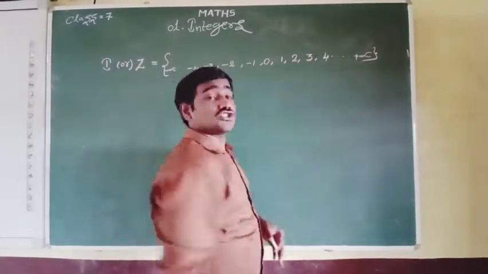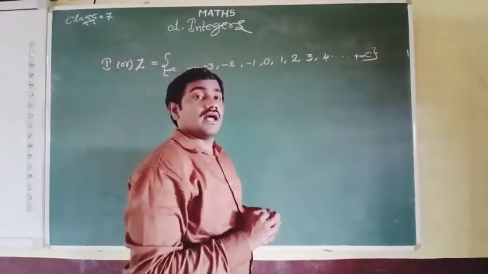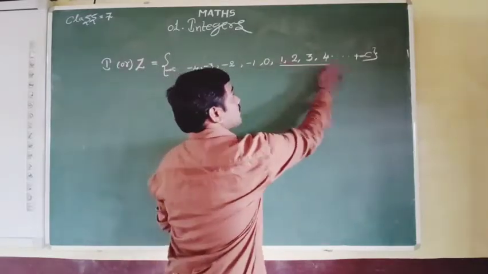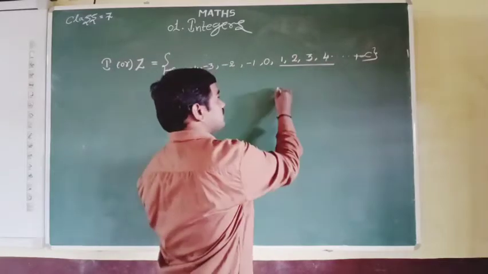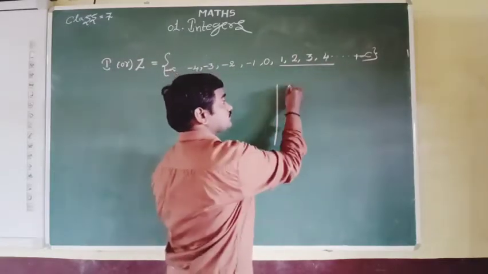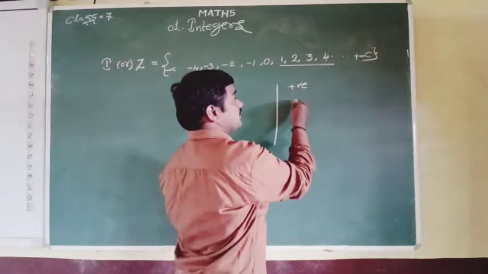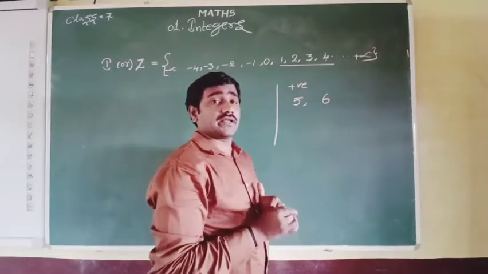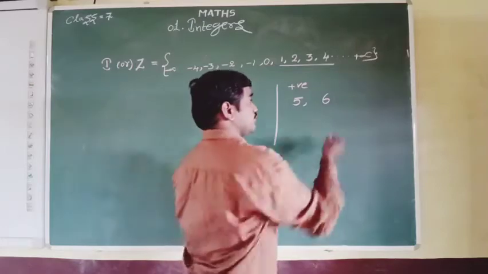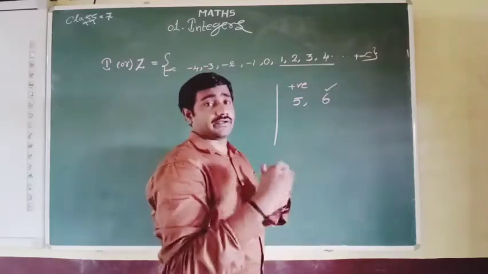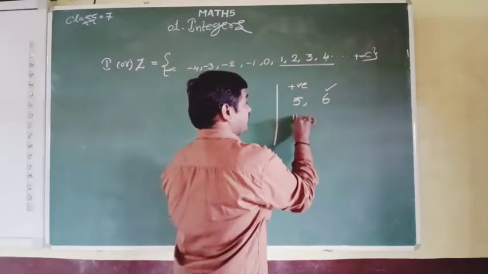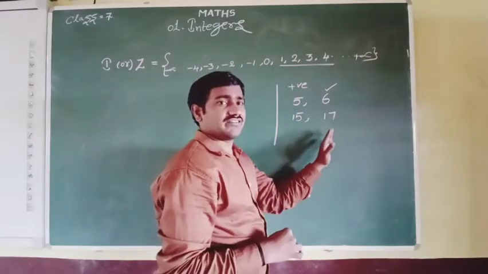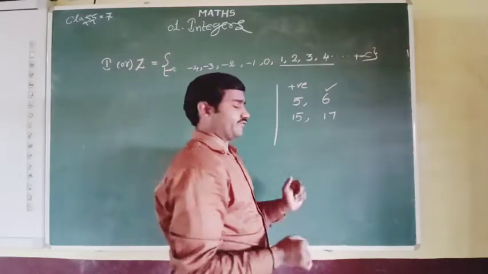Let us compare the positive numbers once. Later we'll come to the negative numbers. Let us take some positive numbers. Here 5, here 6. Which is the greater number? Obviously 6 is the greater number. Then here 15, here 17. 17 is greater than 15.